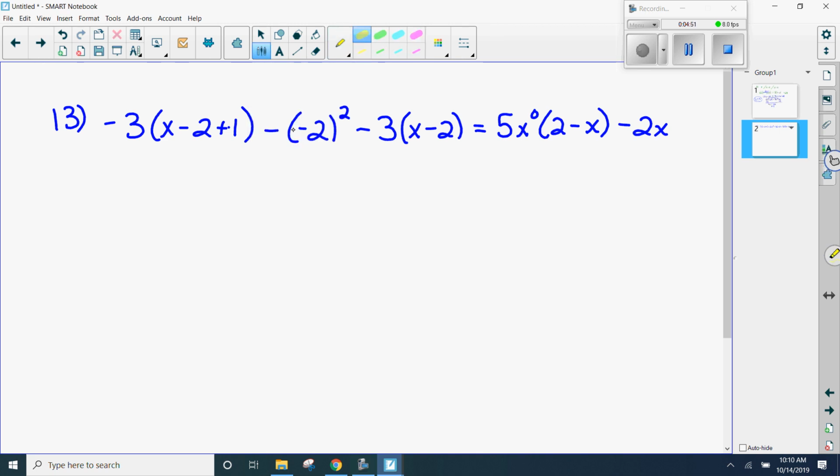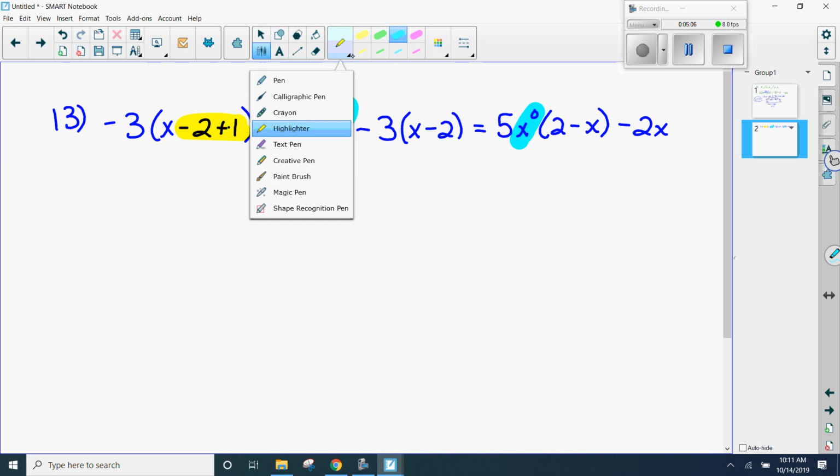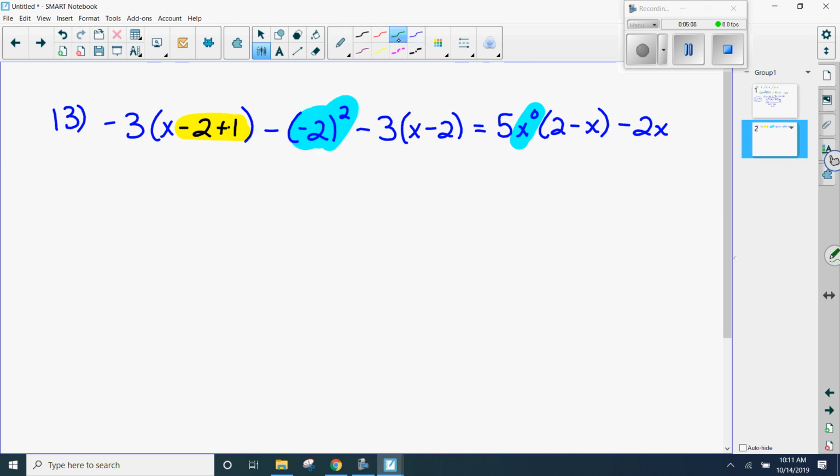Parentheses. So I want to simplify inside the parentheses by grouping the like terms together. And that's the only thing I can do. So within that same step, is it okay if I take care of these exponents? All right, so my first step, you're going to have -3 times, in the parentheses, x minus 1.